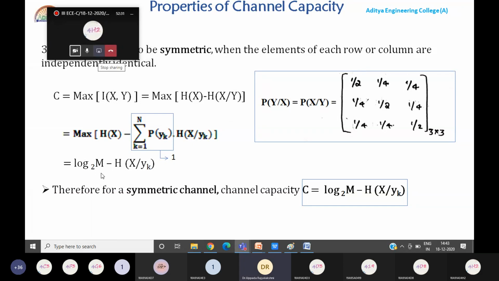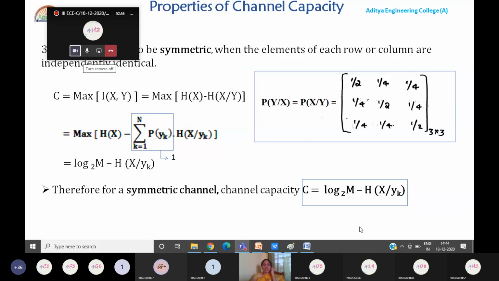It is log m base 2 minus h of x by yk. Therefore for a symmetric channel, the channel capacity is C is equal to log m base 2 minus h of x by yk. Please remember this third expression.